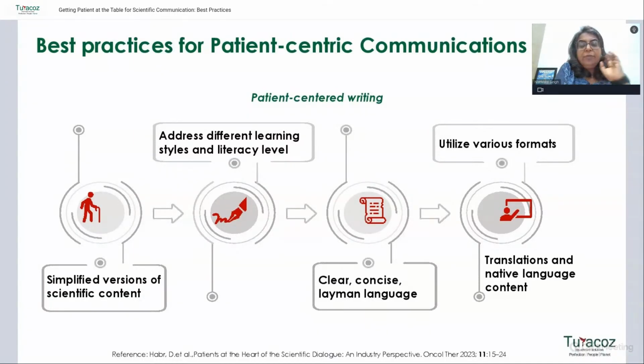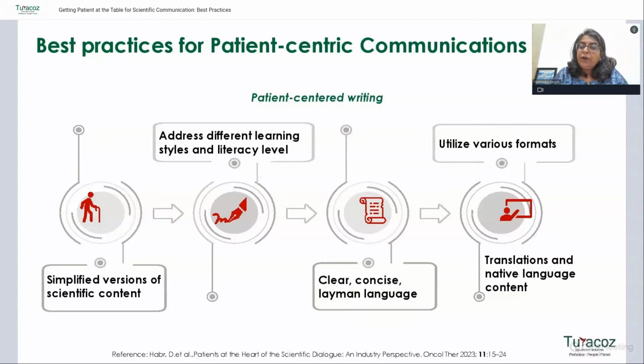The formats can be anything that works. It can be normal text, audio, video, or probably a virtual reality or augmented reality video. It all depends on for whom we are using it, and whether they have access to all these platforms.